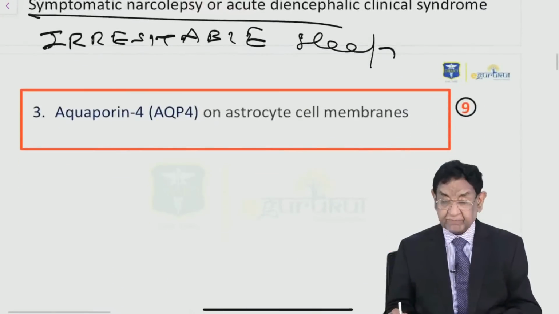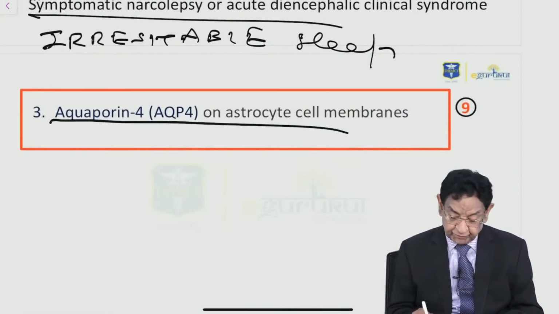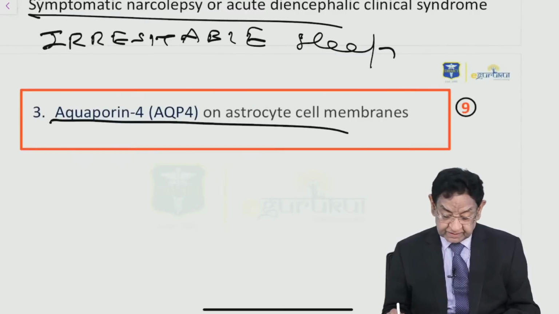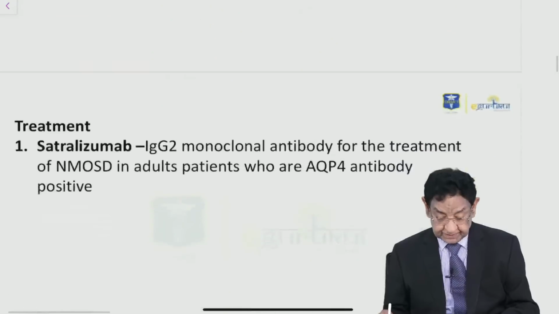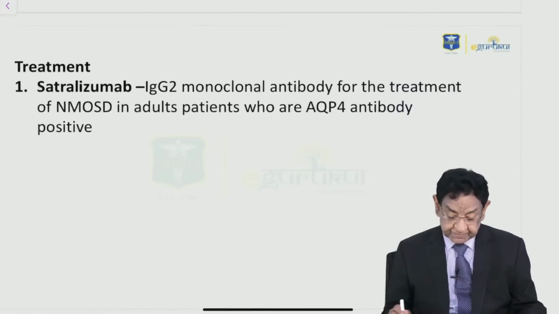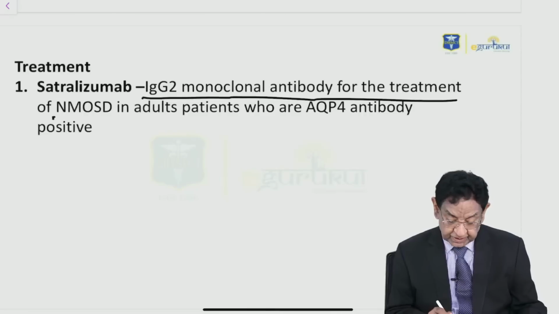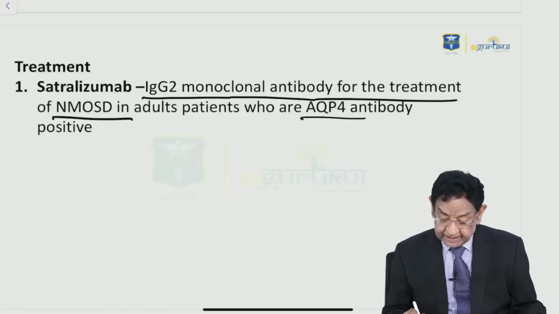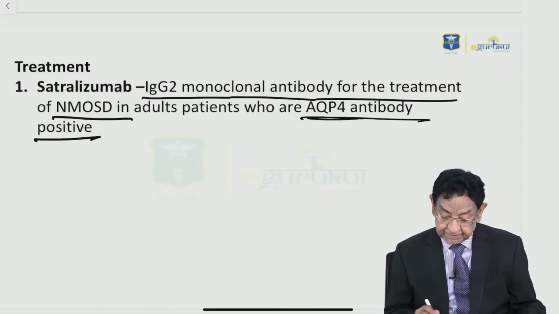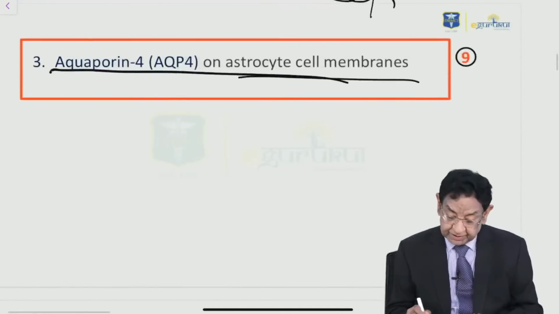And in this, again, one more very, very important question from immunology. They have aquaporin 4 on the astrocyte cell membrane. And in the treatment, we use an IgG1 monoclonal antibody for the treatment of neuromyelitis optica, for those who have these aquaporin 4 antibodies.